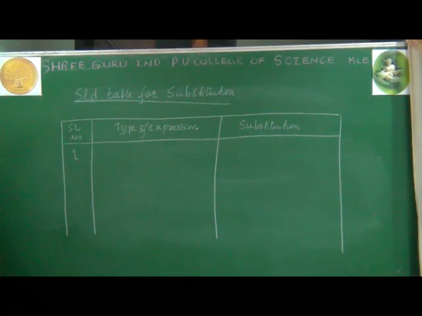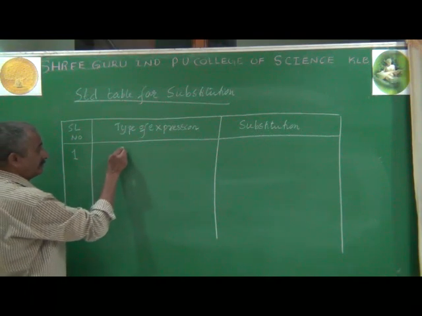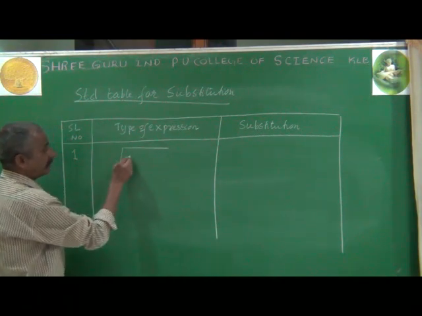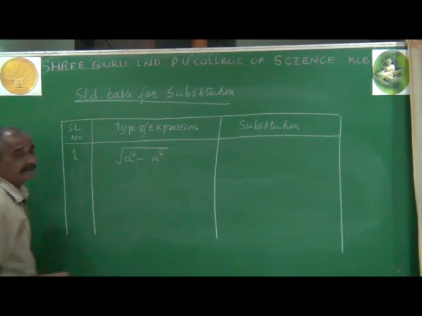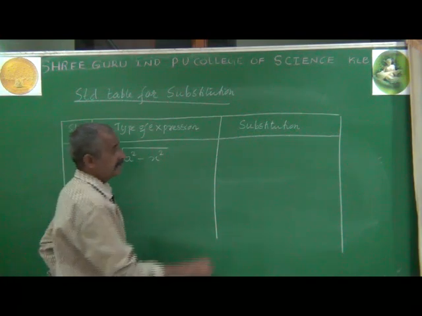First one, suppose our given problem with an inverse trigonometrical function expression contains a term like root of a square minus x square. If there is a term with root a square minus x square, better substitute.